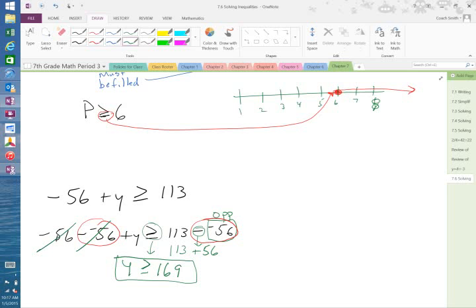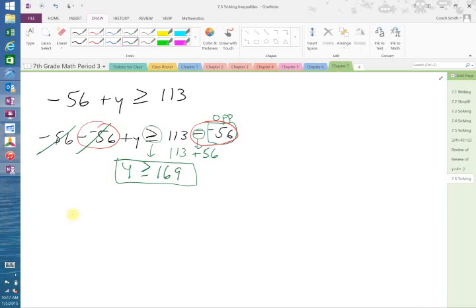Okay, let's see here. Let's look at number 27. X over 9 is greater than or equal to 1/3.